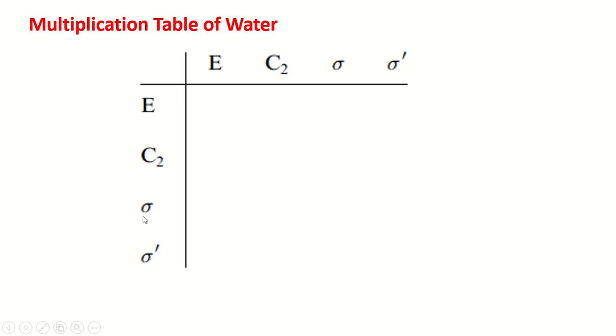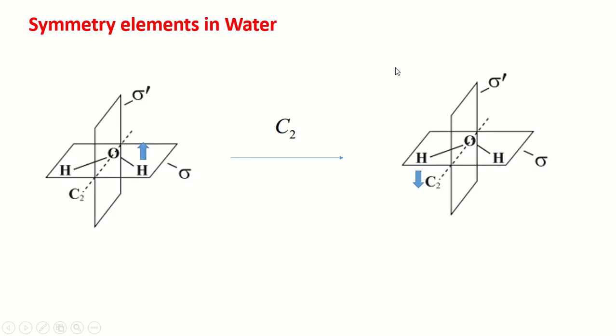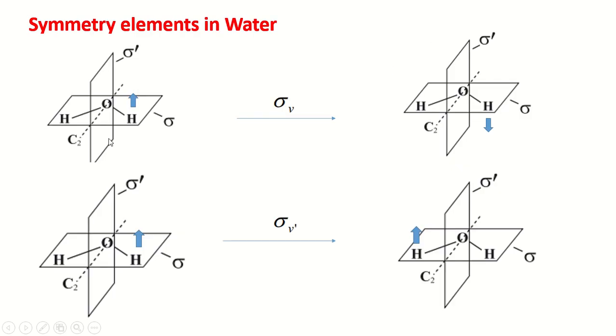Now the last one is the operation of sigma then sigma dash. What will happen by applying sigma first? This would be the result after applying sigma. Then we need to apply sigma dash. If we apply sigma dash, this arrow will place over the other hydrogen atom, but downward.